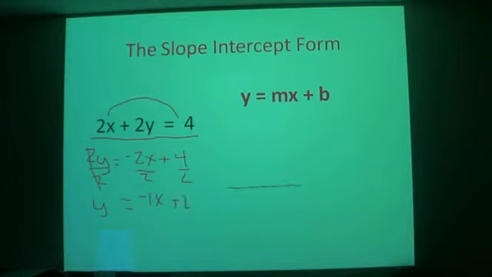So I take a look at my Cartesian coordinate system to see what the slope is. My slope is a negative 1, and I pass through the y-intercept at 2. If x is 0, y is 2. So let's go 1, 2. So I pass through the y-intercept at 2, and my slope is down 1 over 1.